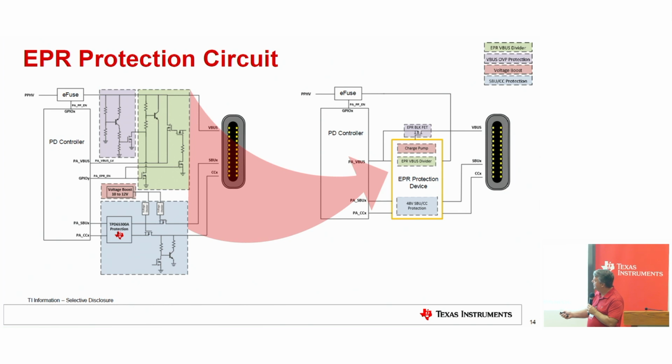This light green color here is a voltage divider scaling circuit that allows us to scale down the V-bus voltage from 48 volts to 20 volts or less. So when you're at 48 volts, you're going to be at 20 volts coming into our part. We know what the divide ratio is going to be, and we handle that accordingly.